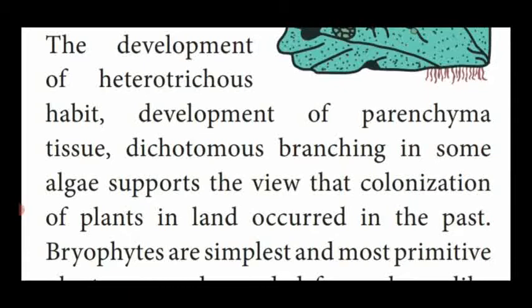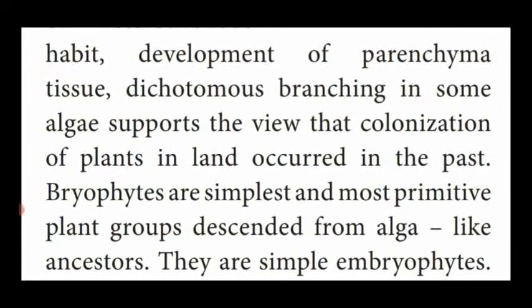Some of the algae show dichotomous branching, that means the plant body is divided into a number of branches, each branch divided into two. Some of the algae live in colony form, that is colonization of plants. Now we are entering into the next division from the algae, known as bryophytes.